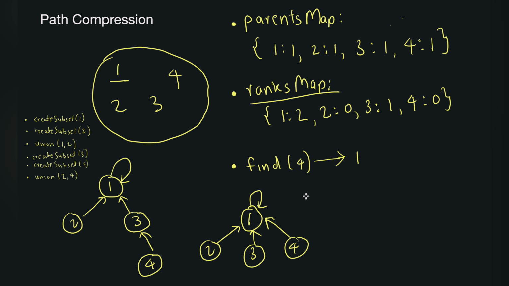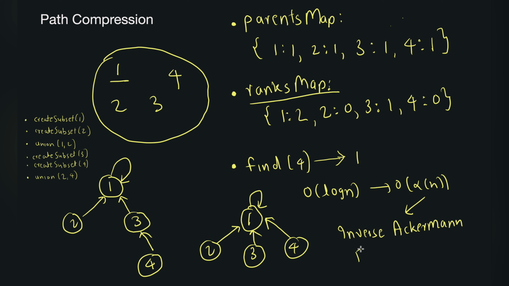Also, when we do this, the overall time complexity of this find method changes from big O of log n to big O of alpha of n. This alpha is something called the inverse Ackermann function, and for integers its maximum value is 4, so we can assume that it is close to big O of 1.